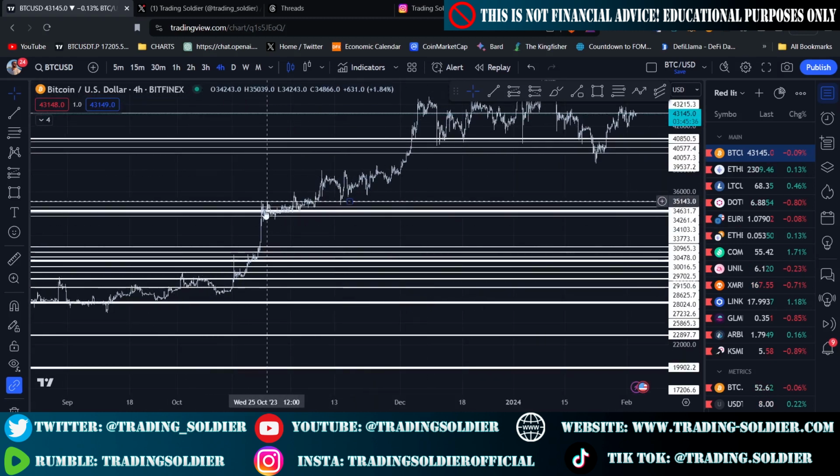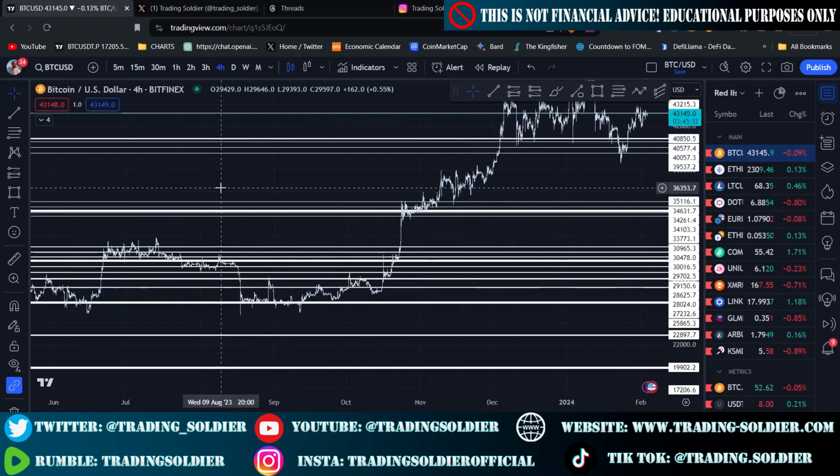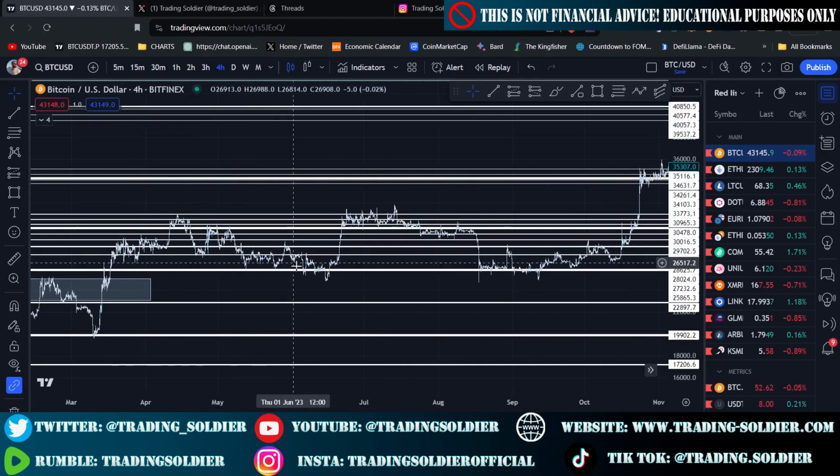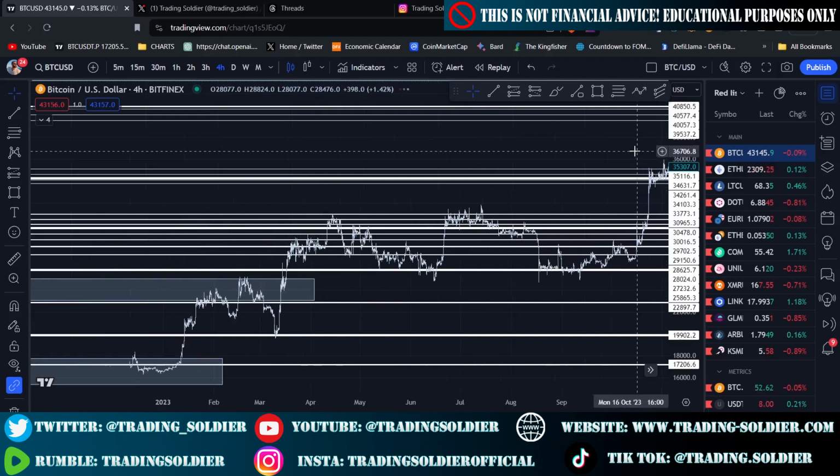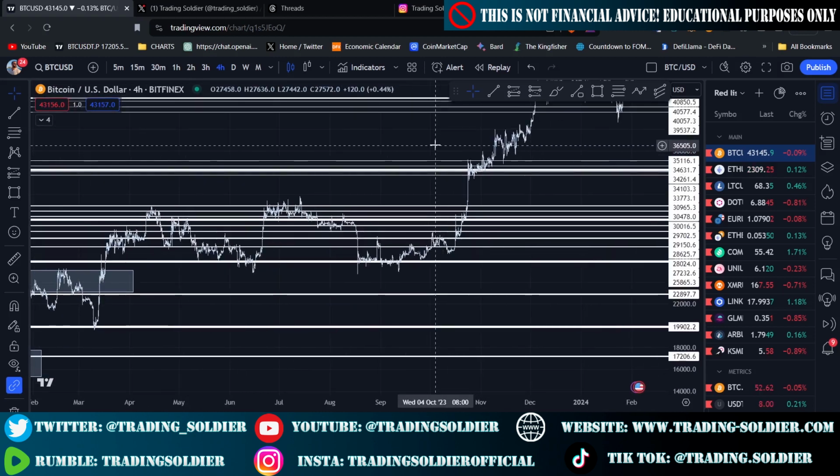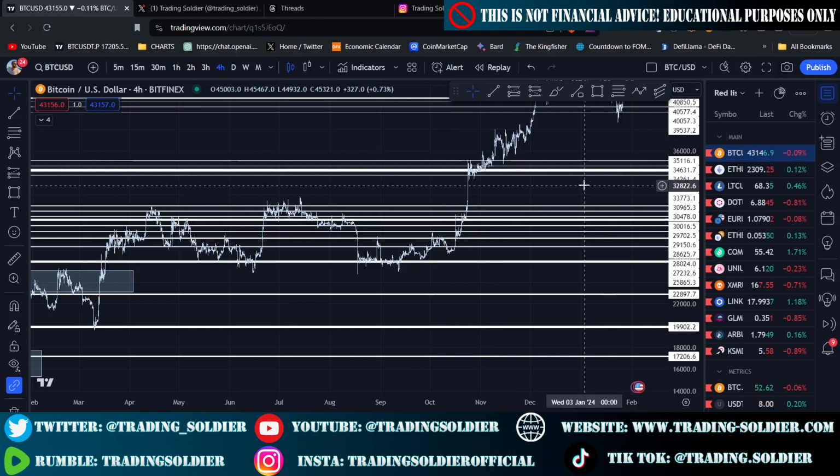Expansion, distribution, expansion, redistribution. On the other hand, we have here accumulation, expansion, distribution, expansion, accumulation, expansion. This is another topic, but often these types of crypto assets trade within ranges. That's why this support and resistance strategy works pretty well.